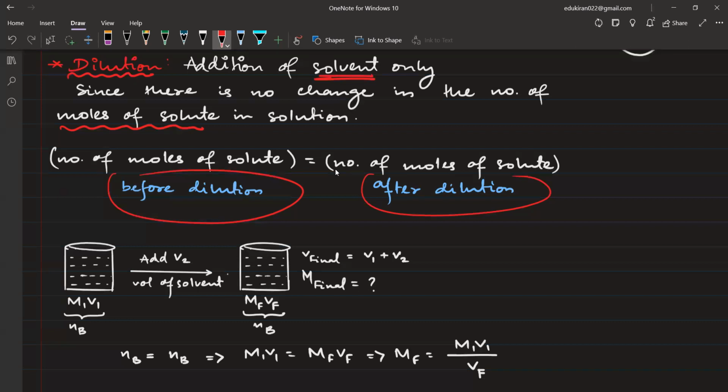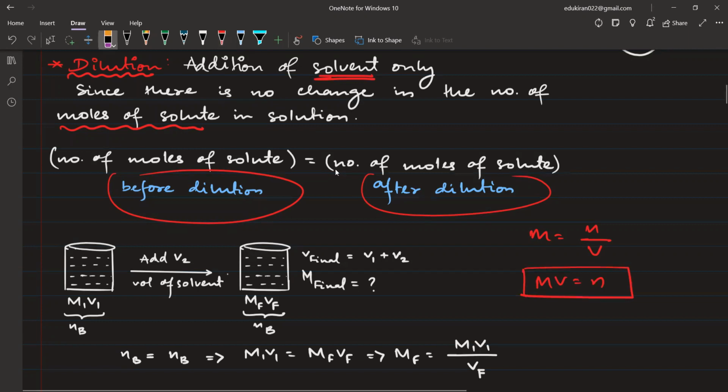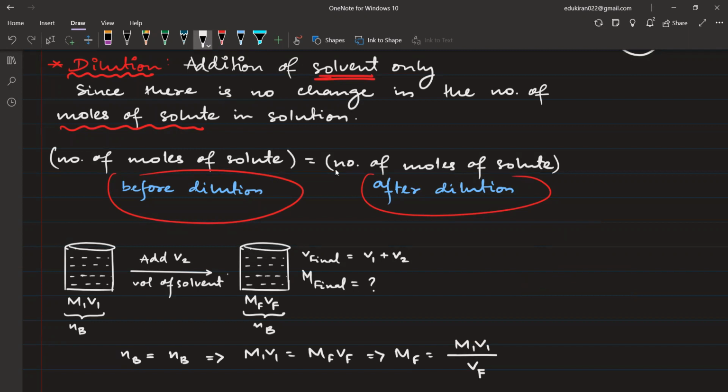Initially I have a solution with molarity M1 and volume V1. Since molarity is equal to number of moles upon volume, M into V is equal to the number of moles, so M1 into V1 represents the number of moles in the solution. Then I added V2 volume of solvent. The final volume will be V1 plus V2.